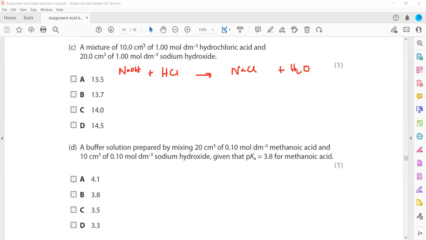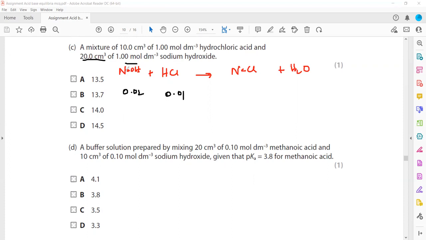To find the moles, moles is concentration times volume, with the volume in dm cube. The moles are 0.01 for HCl, and the moles of sodium hydroxide are 0.02 because the volume is 20 and the concentration is 1.